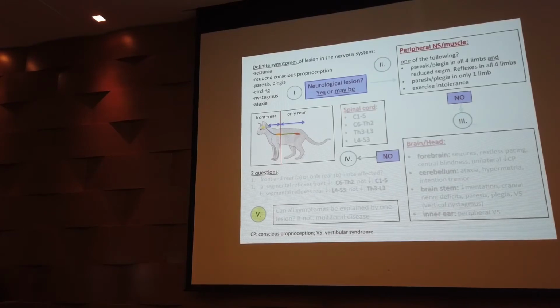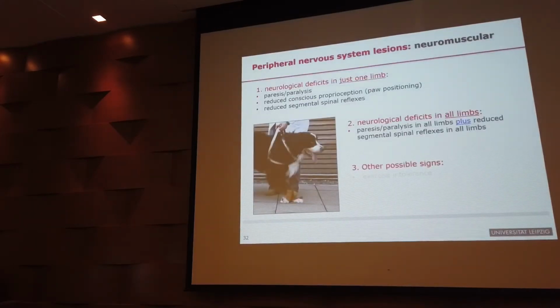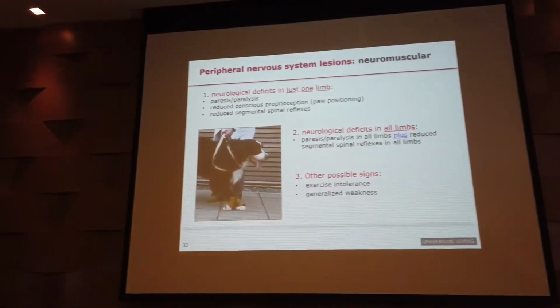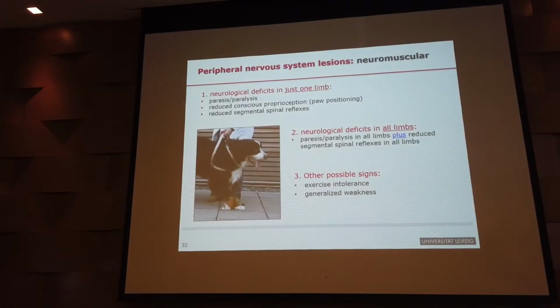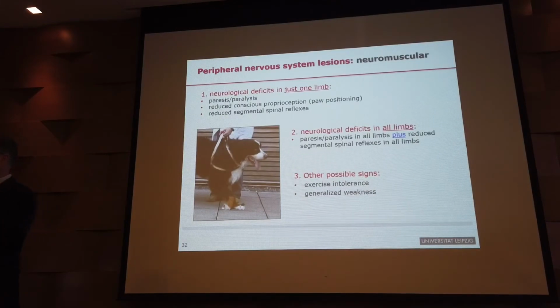Some patients with peripheral nervous system disease have more vague symptoms, and that could be that they have exercise intolerance. They appear to be weak, and those patients are really tricky, because a weak patient can have nearly everything. Muscle atrophy.